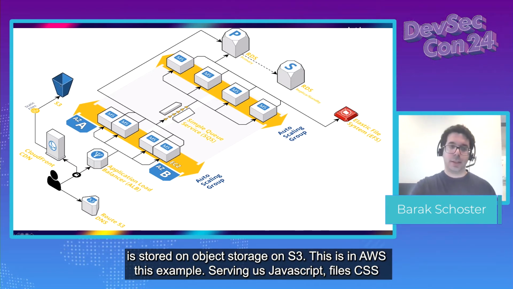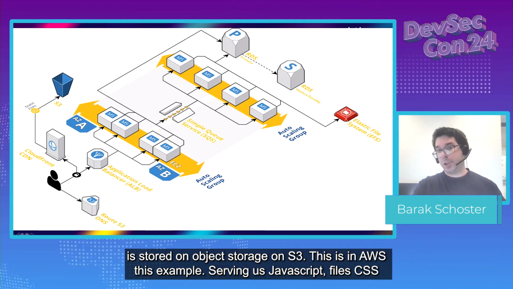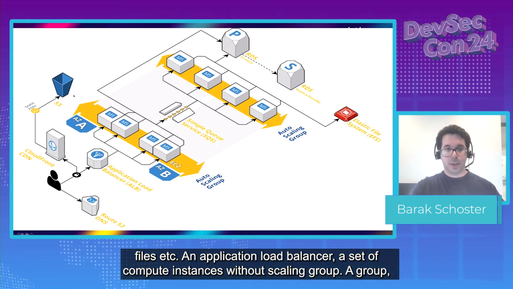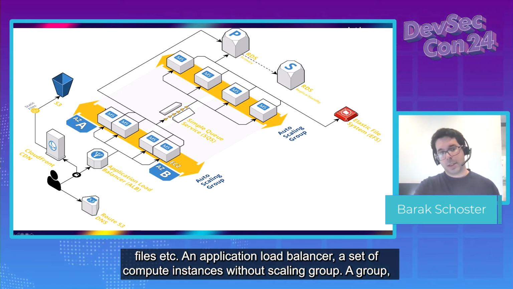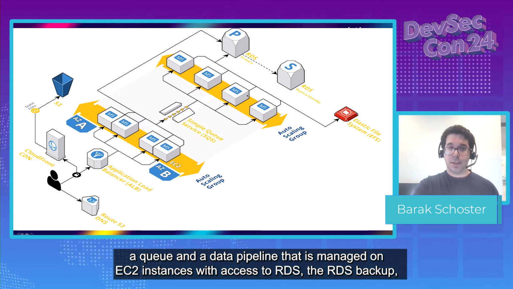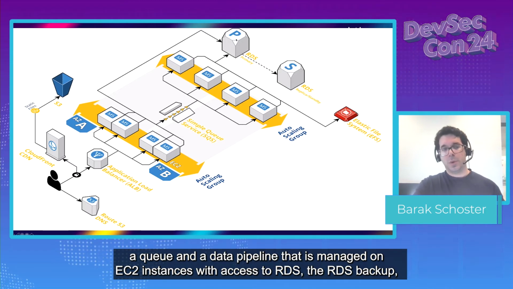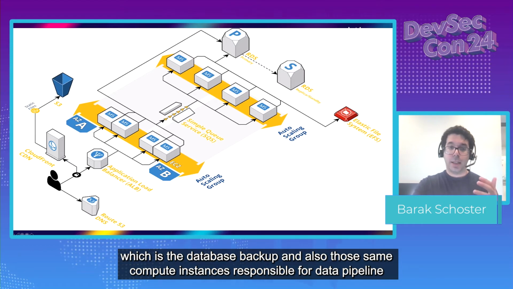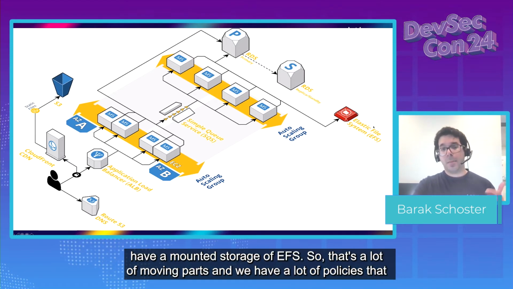This is in AWS, this example, serving us JavaScript files, CSS files, etc. An application load balancer, a set of compute instances with an auto-scaling group, a queue, and a data pipeline that is managed on EC2 instances with access to RDS, the RDS backup, which is the database backup, and also those same compute instances responsible for the data pipeline have a mounted storage of EFS. So that's a lot of moving parts.